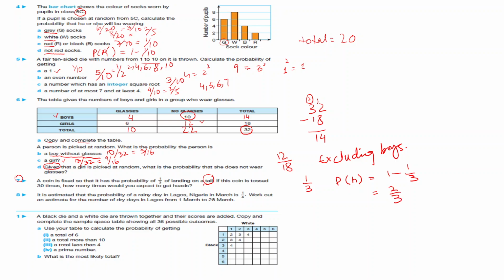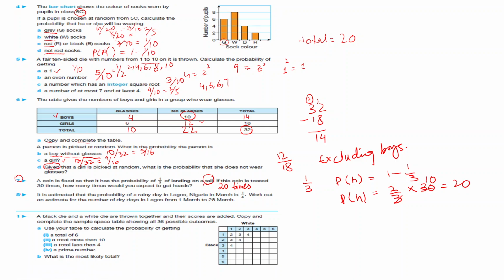So 2 by 3 is the probability of head. So if it has been tossed 30 times and the probability of head is 2 by 3, then times 30, it should give you 3 tens are 30, 10 twos are 20. So 20 times it should give you a head. Okay, so this should be the answer for this question.